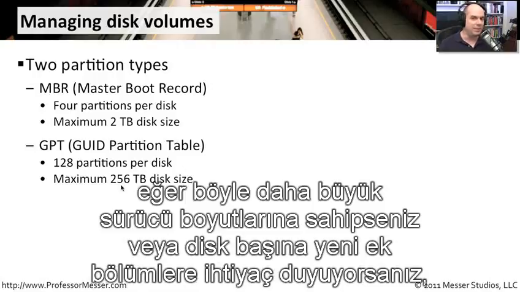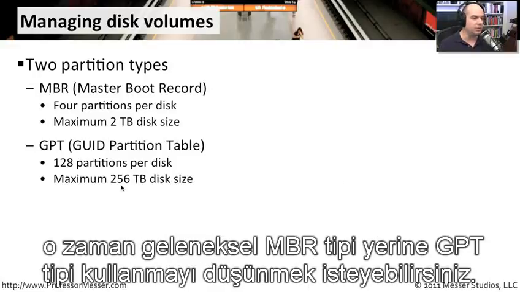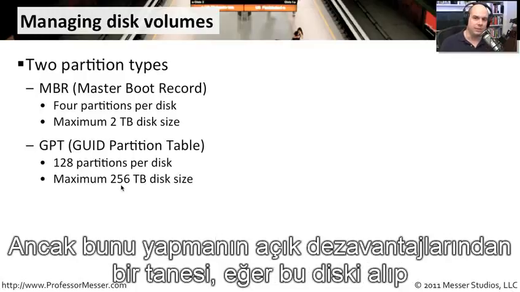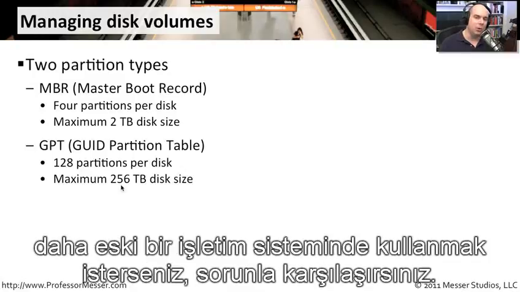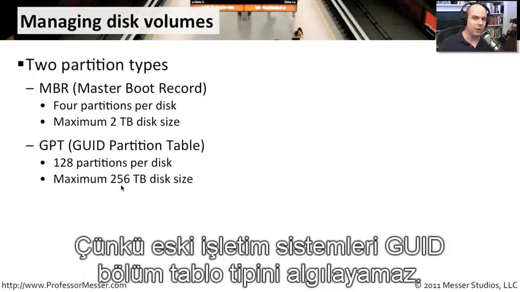So if you have these larger drive sizes or you have a need to have additional partitions per disk, then you may want to consider using the GPT type rather than the traditional MBR. The disadvantage to doing that, of course, is that if you need to take that disk and use it in an older operating system, you're in trouble because those older operating systems don't recognize the GUID partition table type.